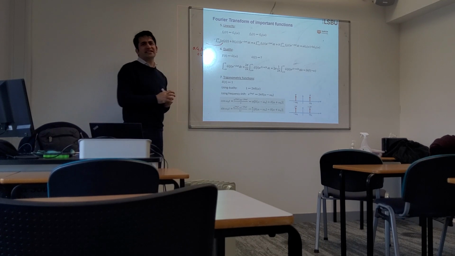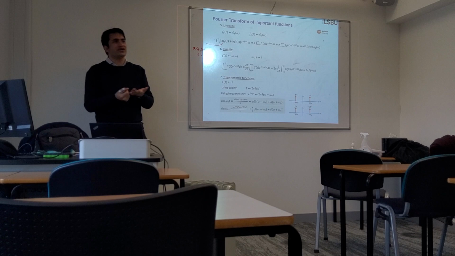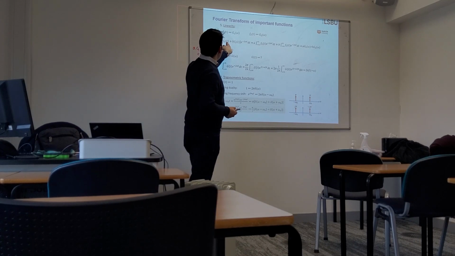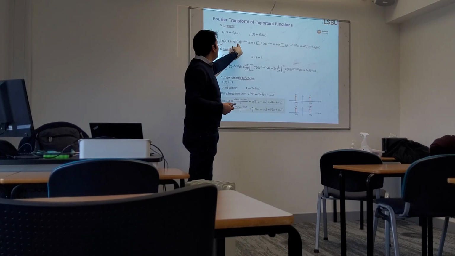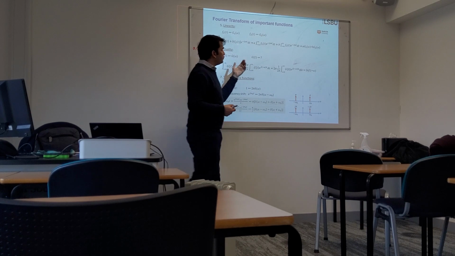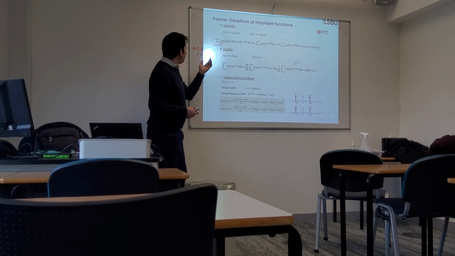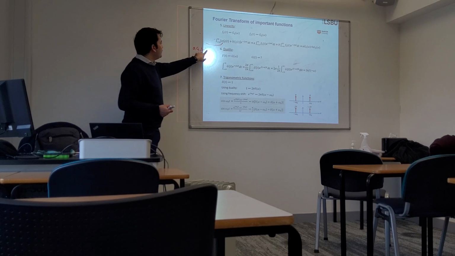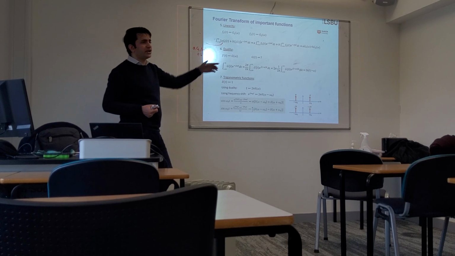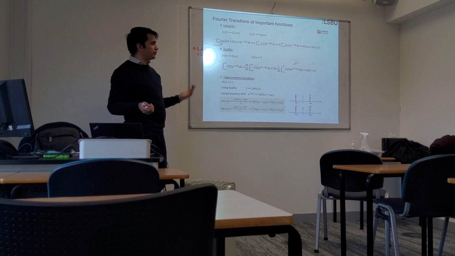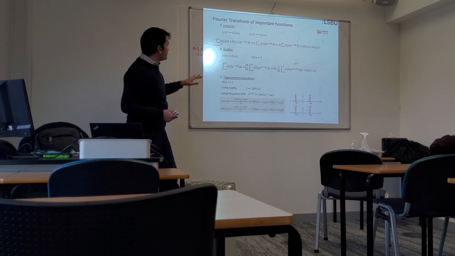Why? Because I am not changing the function, I am just multiplying a constant. So if I know f1 of t has Fourier transform g1 of omega and f2 of t is g2 of omega, I simply need to multiply it with a, and a multiplied by the actual Fourier transform would stay correct.